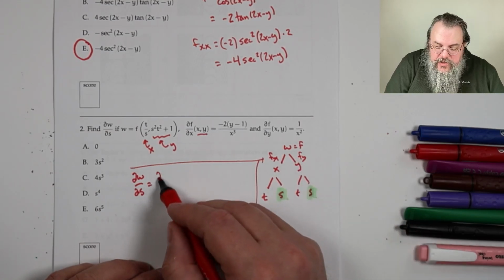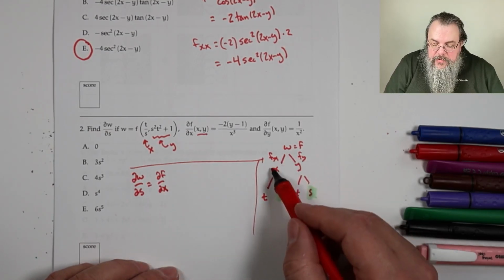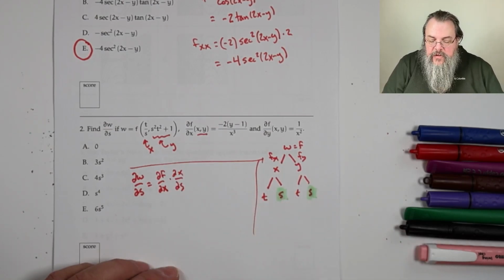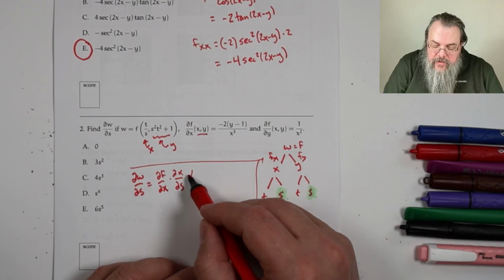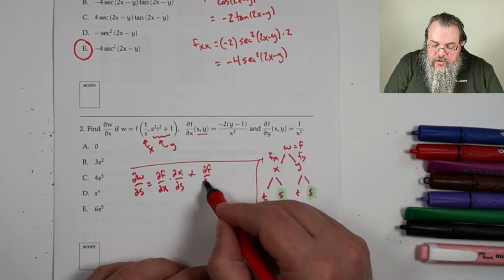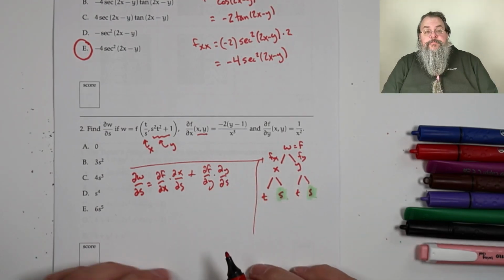So that's partial f, partial x, times partial x, partial s. And then add, go the other chain, partial f, partial y, times partial y, partial s.